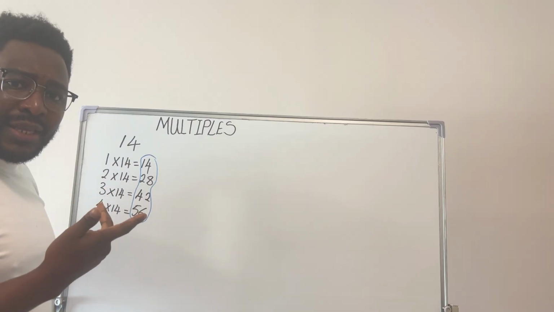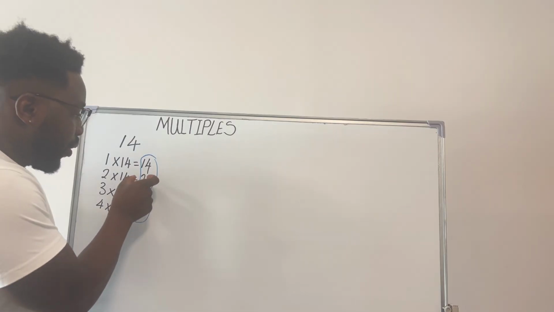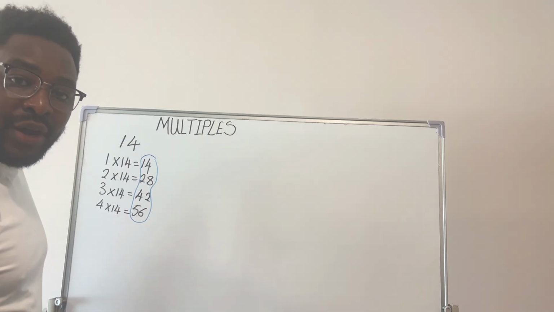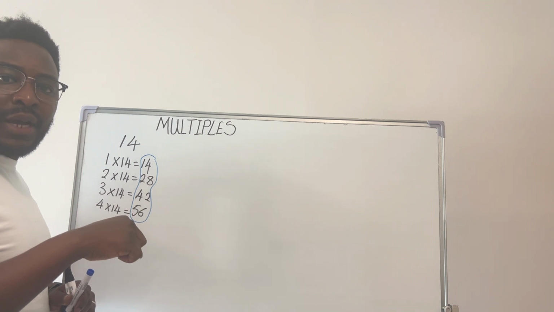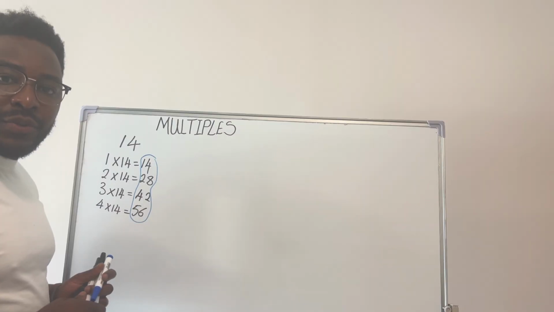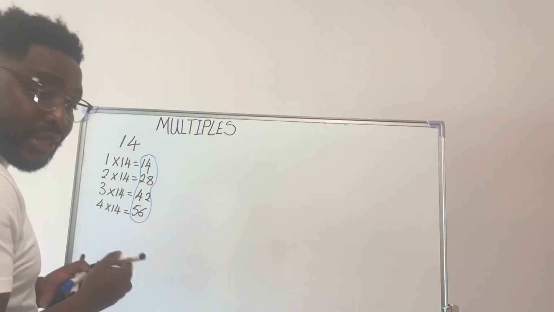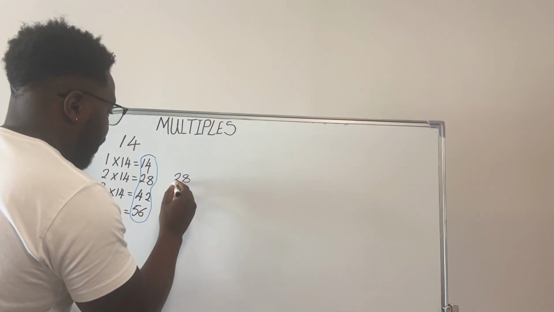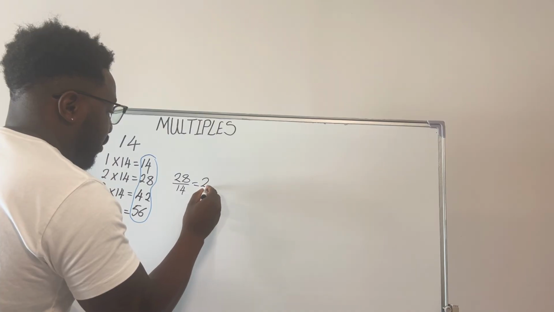So what do I mean by that? Let's take 28. We know that 14, 28, 42 and 56 are the first 4 multiples of 14, right? But we also say that multiples of a certain number are divisible by that number. So in our case, these multiples should be divisible by 14. Let's take 28 and divide by 14. 14 into 28 is 2, right?